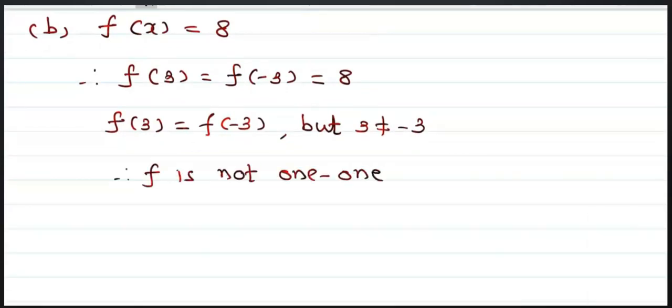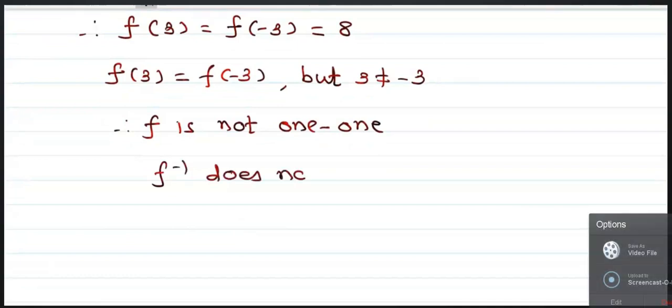To show that the given function has an inverse, we want to prove that the given function is one-one as well as onto. Then we say that the inverse of the given function exists. In these two cases, we check first of all, is there a one-one relation? No, there is not a one-one relation. That's why we say that the inverse of the function does not exist. f inverse does not exist.